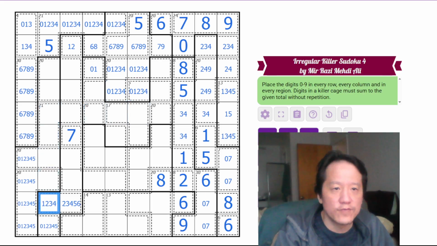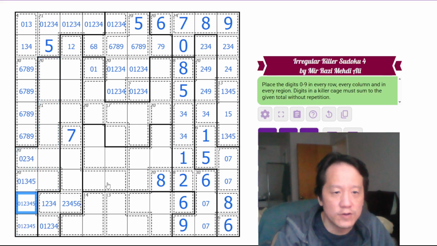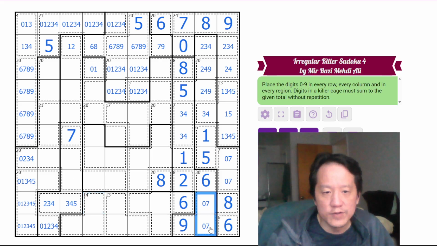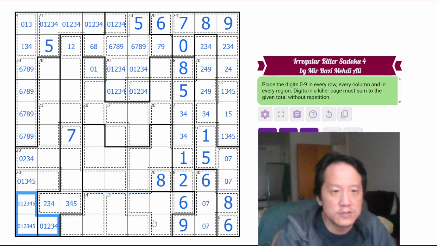This can't be 5 here or 5 here. So 5 cannot be any of these digits. 5 has to, well, we already knew that. This cannot be 2. This can't be 1 or 5 here. This can't be 1 and 6. So this has to be 2, 3, 4, 3, 4, 5 here. One of these digits is a 0. One of these digits has to be 0, so none of these digits could be 0 here.